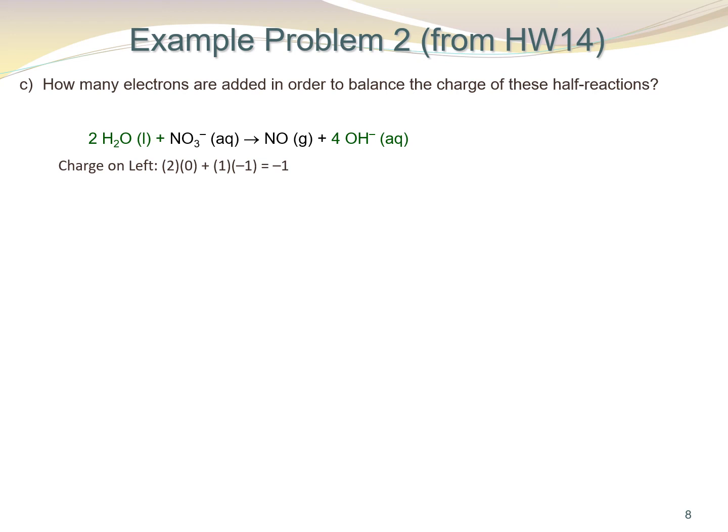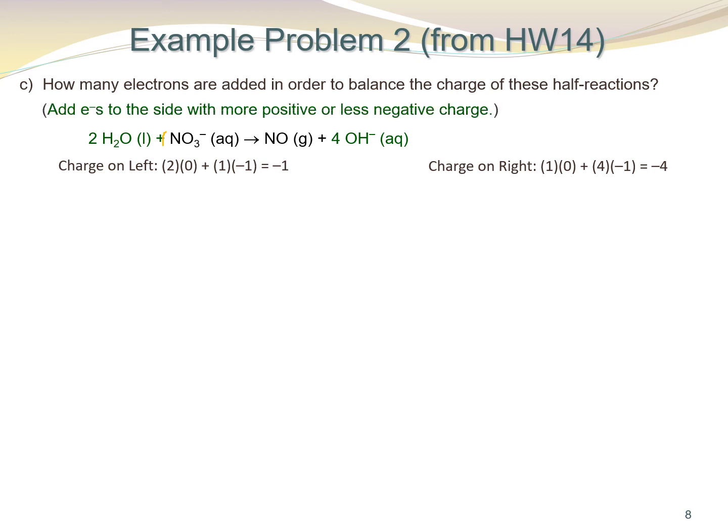Remember, the coefficient that we do not write means the species has 1 as its coefficient. So 1 times -1, so that's -1 total. On the other hand, on the other side, we got 1 molecule that is 0 charge and the 4 hydroxide is totally 4 negative charge. Adding up, we got -4.